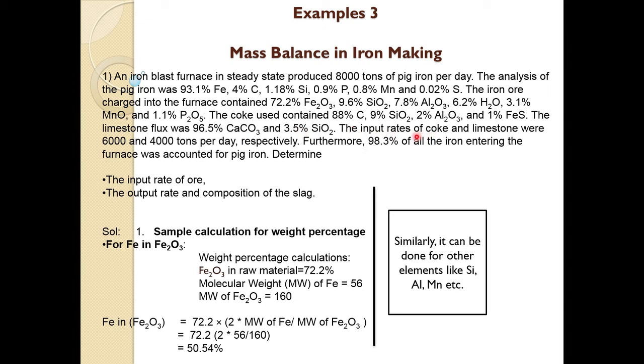The input rate of coke and limestone was 6,000 and 4,000 tons per day respectively. And furthermore, 98.3% of all the iron entering the furnace was accounted for in the pig iron. So, you have to find out the input rate of iron ore and the output rate and composition of the slag.